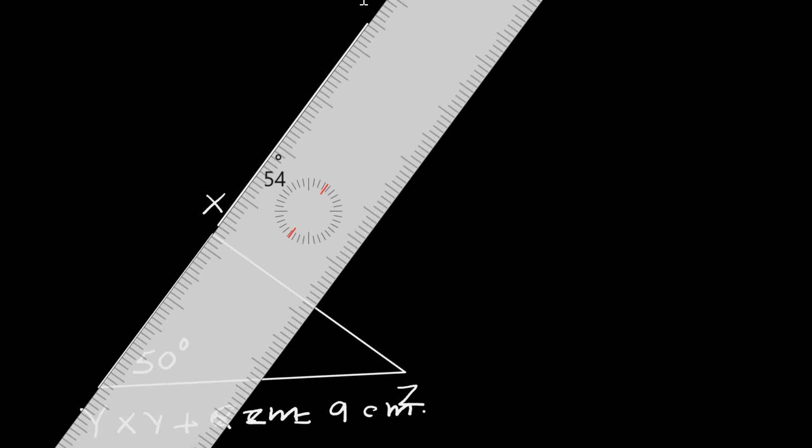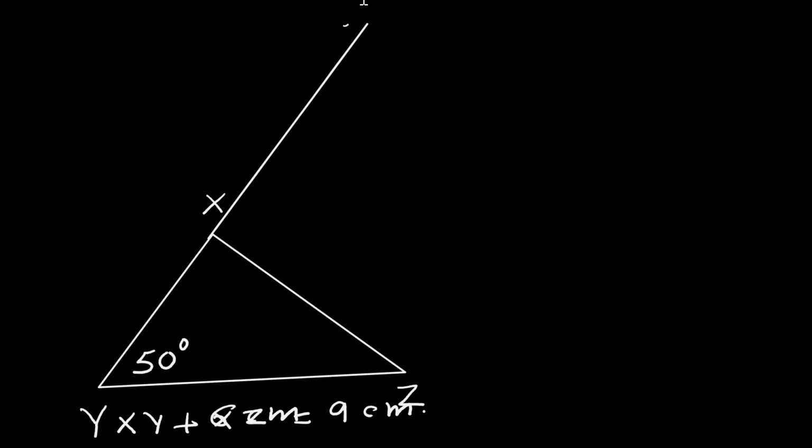Tell me the construction. Now you should be able to. Construction is similar. So draw ray YX. Next step. Cut an arc of 9 centimeters on ray... no, not Y-axis. Not an arc of 9 centimeters. This is the analytical figure. In the final construction, we will draw an arc with radius 9 centimeters.